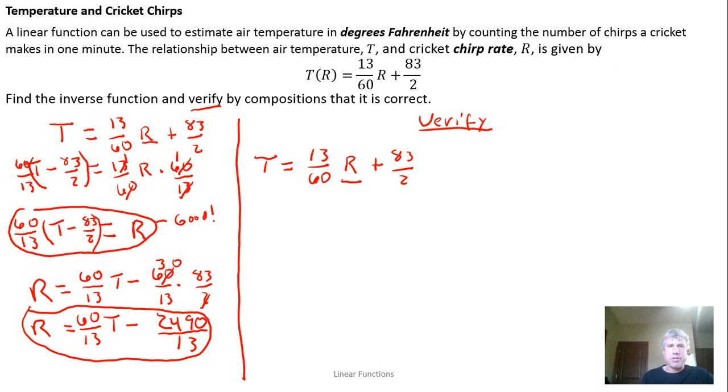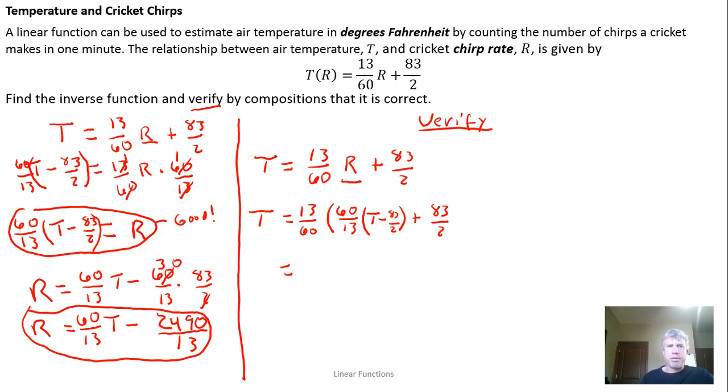So I'm going to replace r with its equivalent. So t equals 13 over 60 times r plus 83 over 2, and where r was, we're going to replace it with our inverse function, 60 over 13 times t minus 83 over 2, right here.